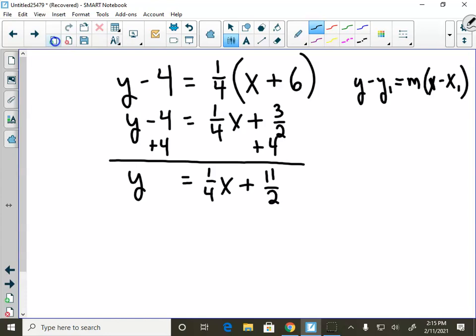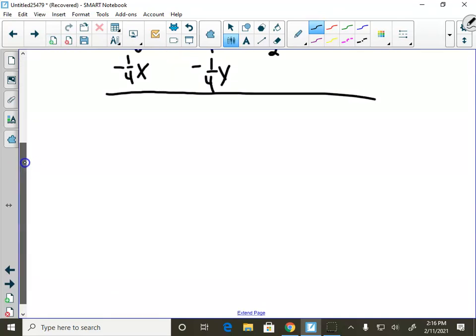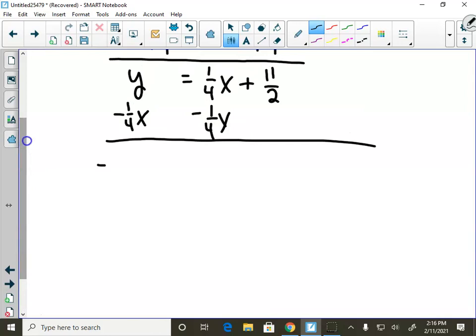So now we're really converting slope-intercept form into standard form, which is much easier than converting from point-slope form into standard form. So let's subtract our 1/4 x. Okay, and that gives us negative 1/4 x plus y is equal to 11 halves.